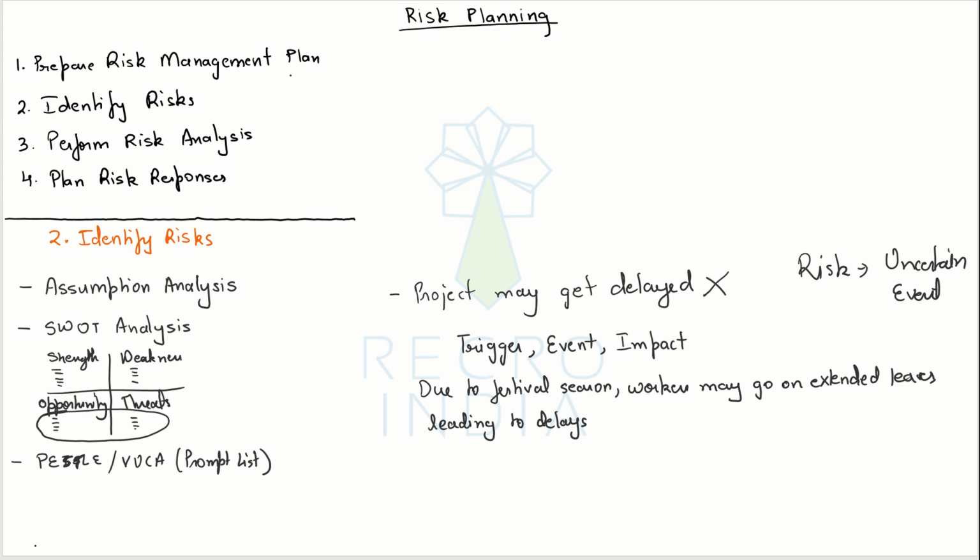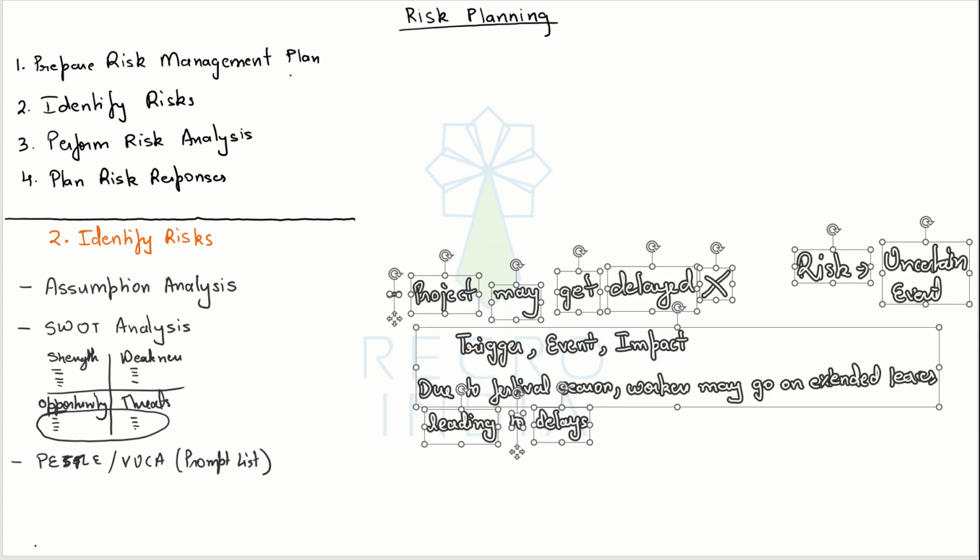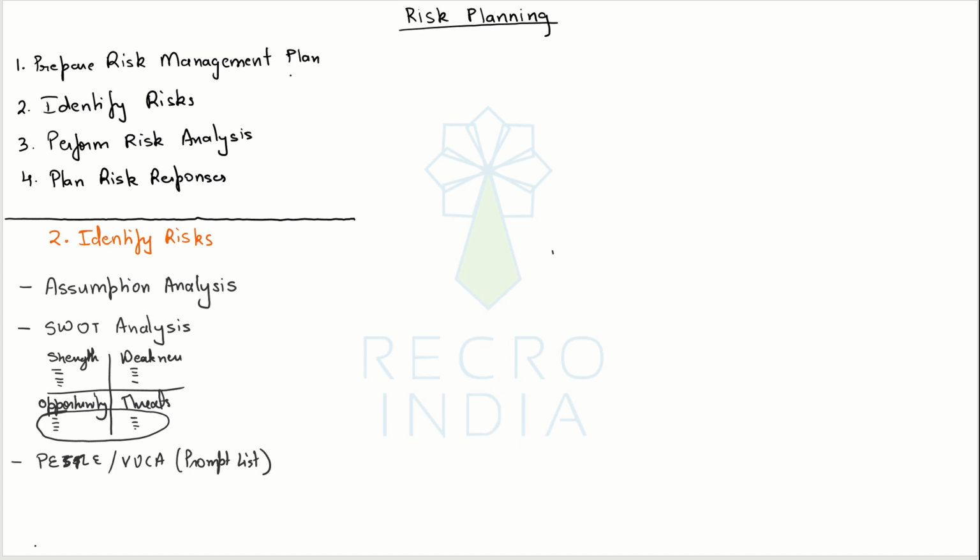So likewise, we can just keep on adding more and more risks. Say for example, due to bad weather, material deliveries may be late, which again leads to delay. Or due to inflation, resource cost may increase, leading to overruns, and so on and so forth. All of this information gets documented in what we call the risk register. This risk register would be dependent on organization to organization, like what will be the columns or what will be the format.